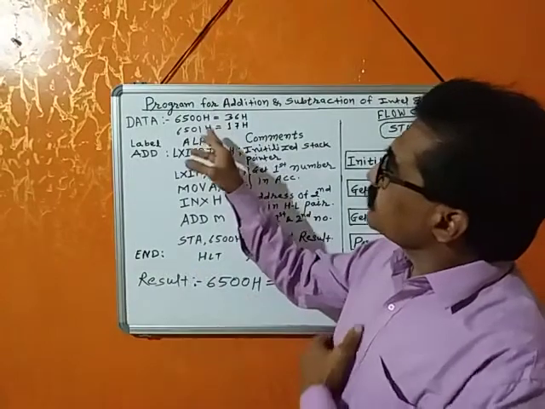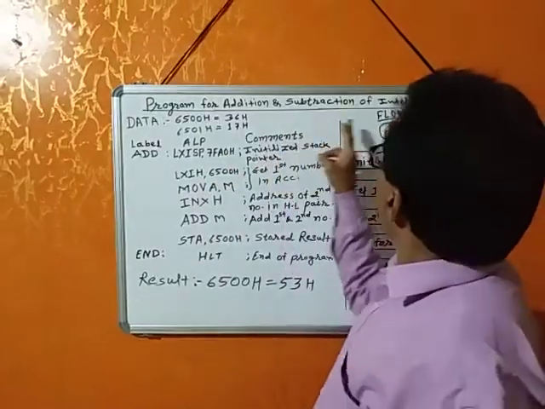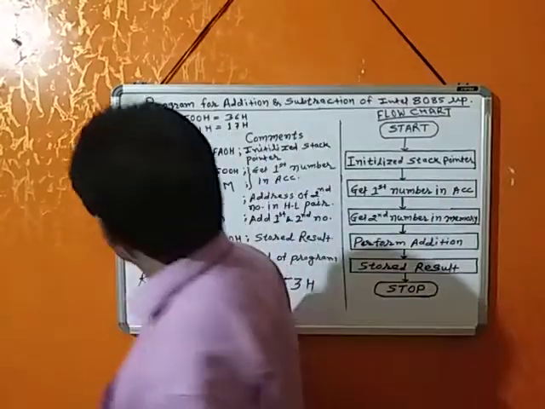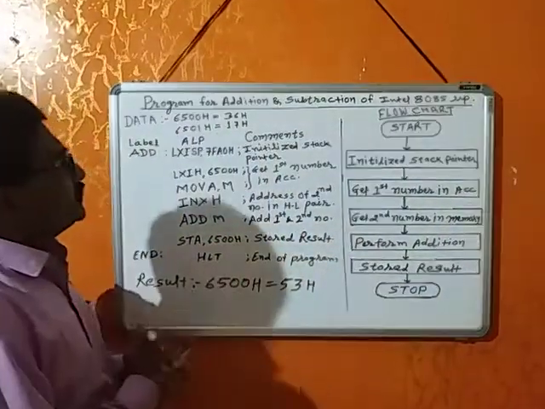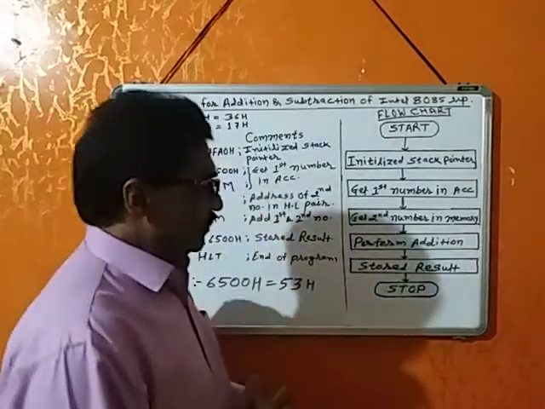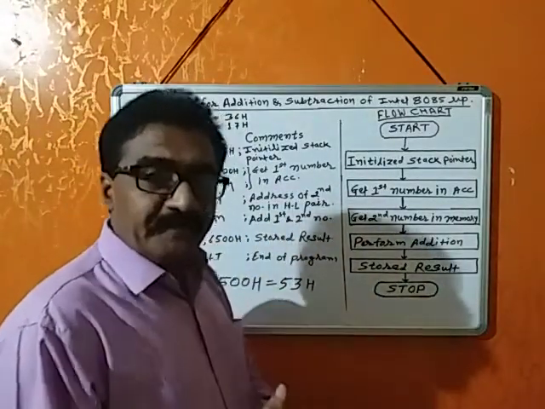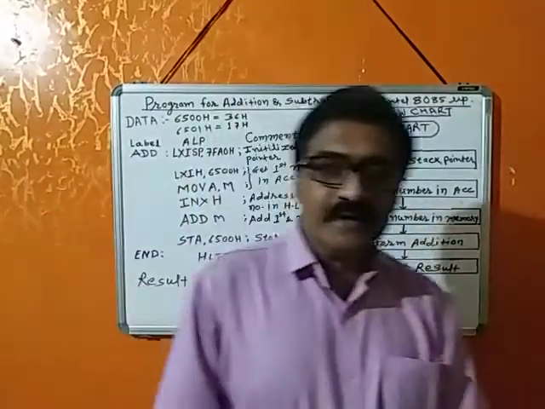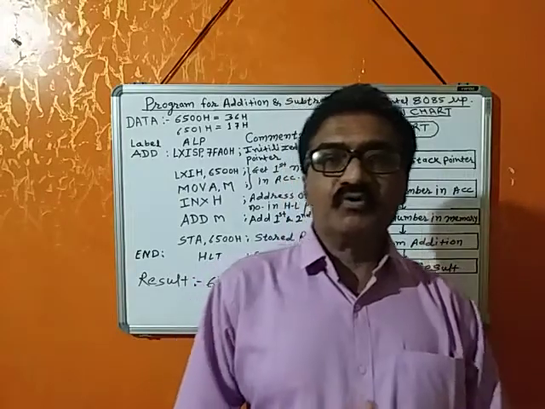Today's topic is the program for addition and subtraction on the Intel 8085 microprocessor. Here we see the program for addition of two 8-bit numbers, with an 8-bit sum. For the addition of any numbers, a minimum of two numbers are required.